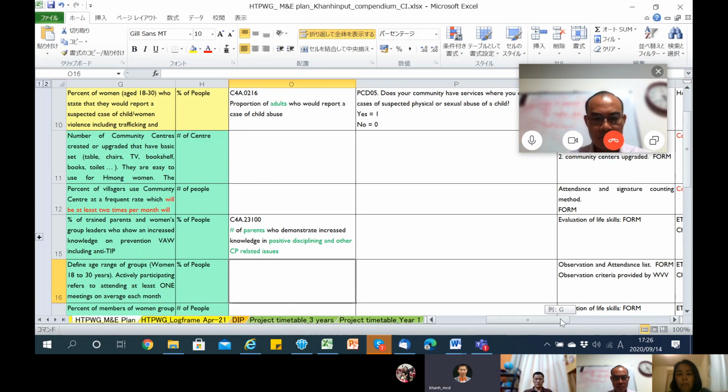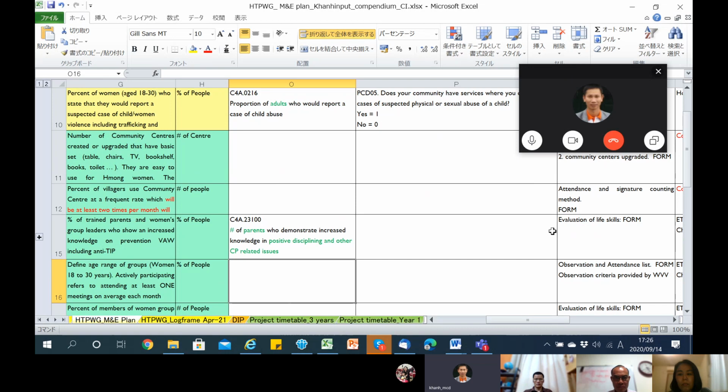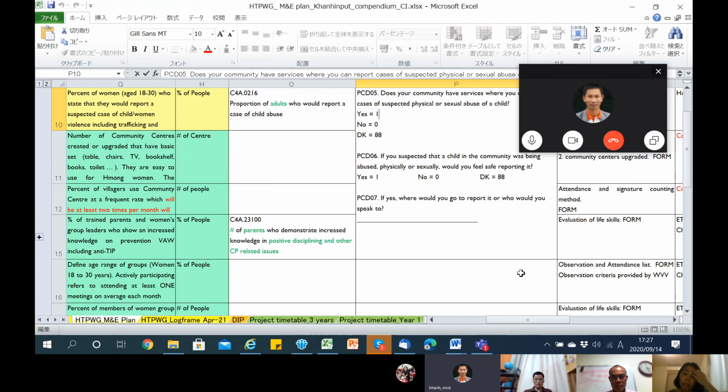For example, here we have the word services, and normally people don't understand the services to report. Maybe they have some, for example, in Vietnam we have the national child protection hotline 111, or they name a member of the people's committee or the police.